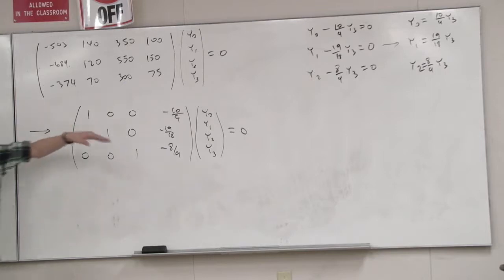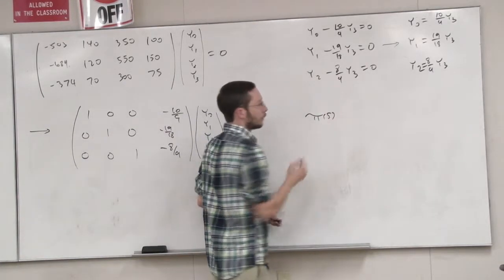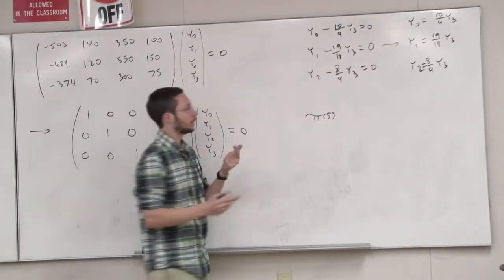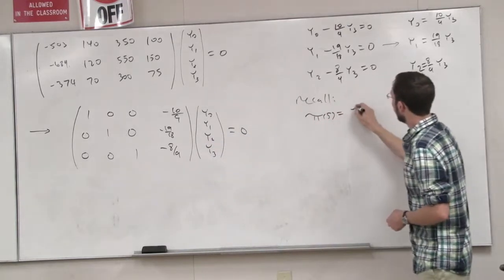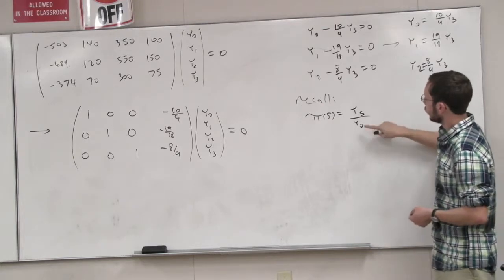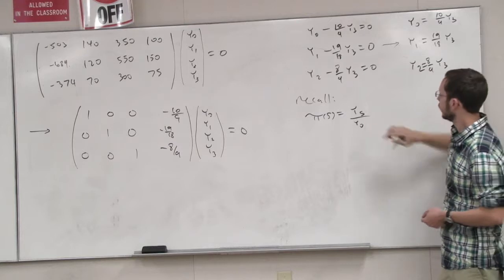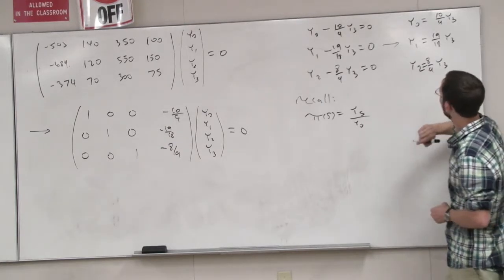The next step is motivated by the definition of the arrow prices. Remember that the arrow price, pi of s, is given by ys over y0. So we want to get to a state where we have the y's all isolated and y0 by itself.